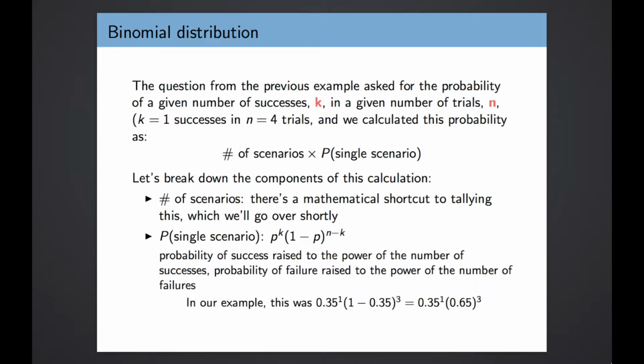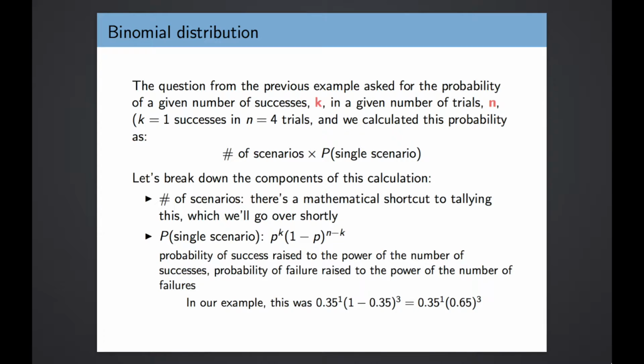So P is 0.35, K is 1 success, so 0.35 raised to the power of 1. 1 minus P is 0.65, and we multiply by that 3 times, which is N minus K, 0.65 to the power of 3.